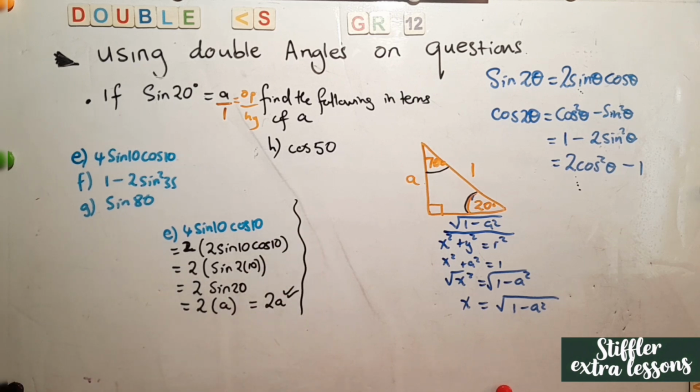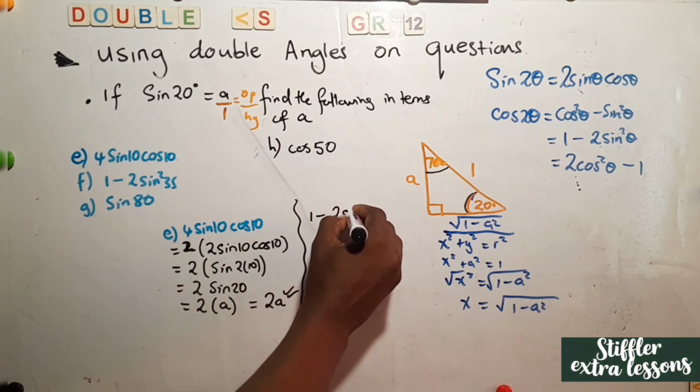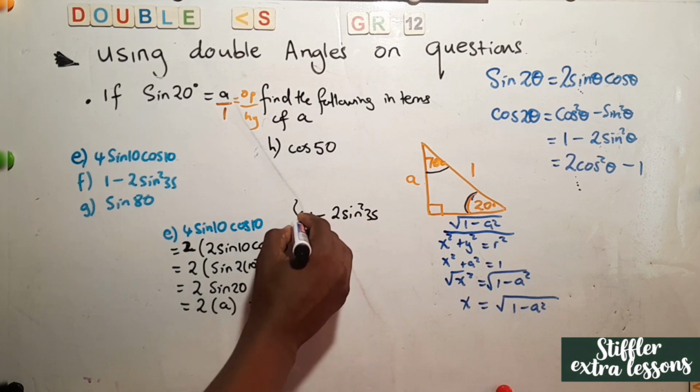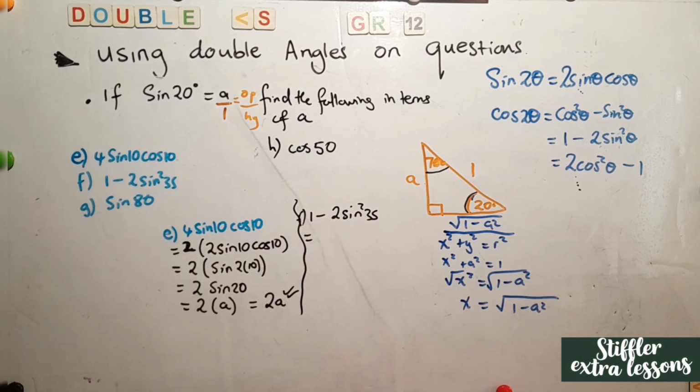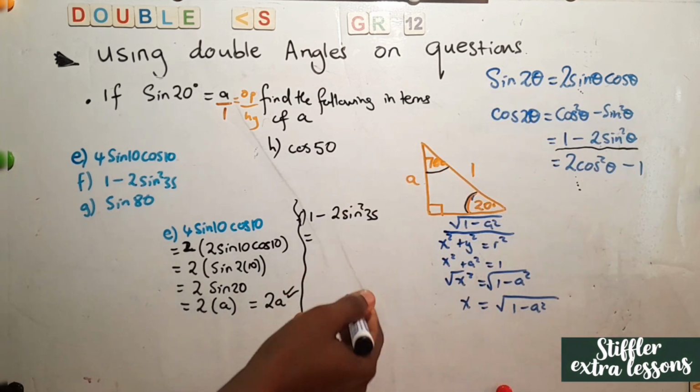So now let's move to number F. Number F is saying 1 minus 2 sine squared 35. So how do we deal with this one now? We can clearly see that this is a double angle of cos, right? So it is saying 35.